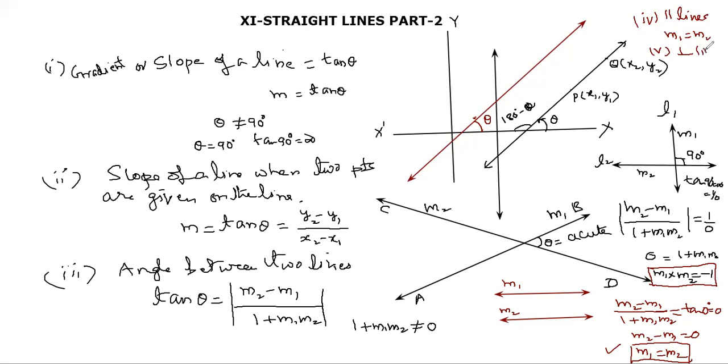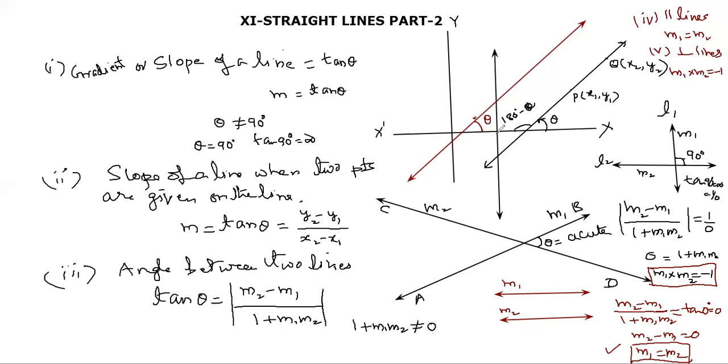For perpendicular lines, m1 into m2 is equal to minus 1. Okay. How will we show that points are collinear? How do we show that points lie on the same line? By using the gradient formula.